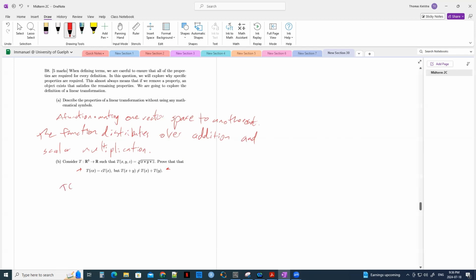So if you look at T of Cx equals C times T of x, well, T of C x1 y1 z1 equals the root of C x1 times C y1 times C z1, and it's cubed, which equals the cube root of C cubed x1 y1 z1, which equals C times the cube root of x1 y1 z1, which equals C times T of x1 y1 z1. So the first property is solved.